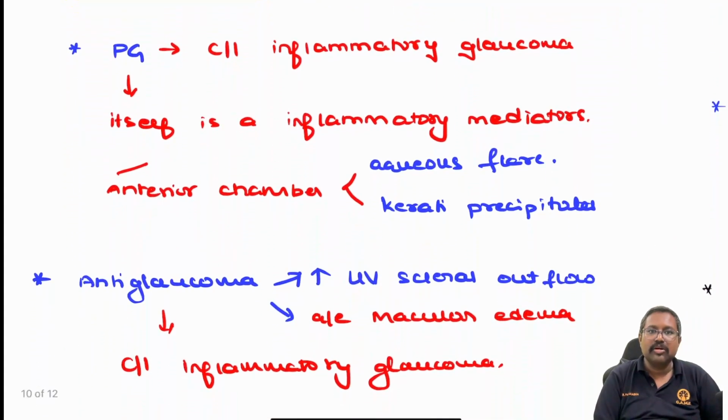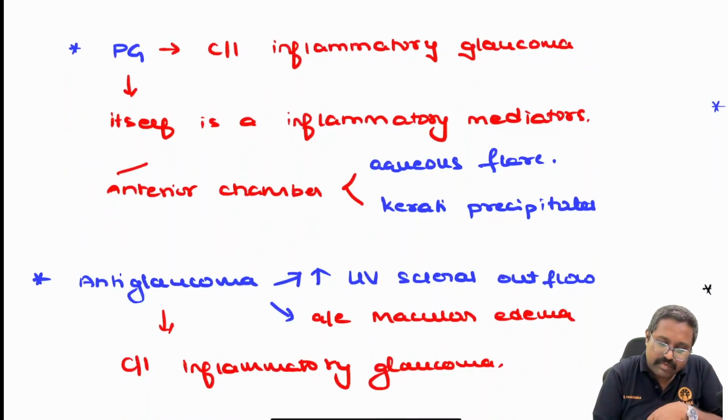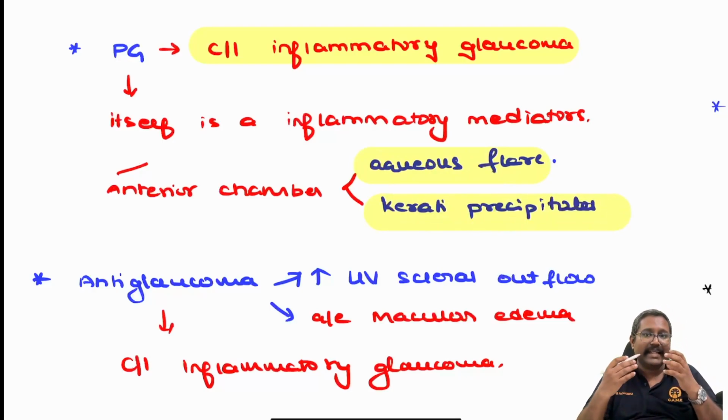Next, coming to the prostaglandin. As we discussed, please remember, prostaglandin is contraindicated in inflammatory glaucoma because prostaglandin itself is an inflammatory mediator. It can lead to aqueous flares, as well as keratic precipitates in the anterior chamber.